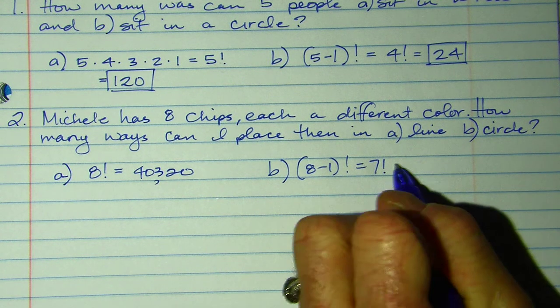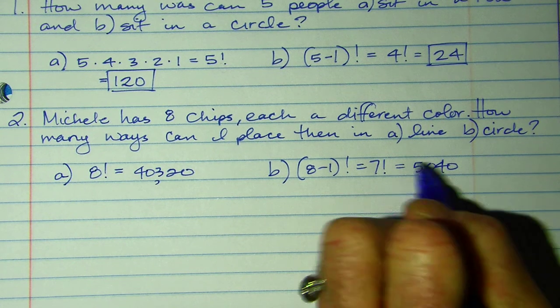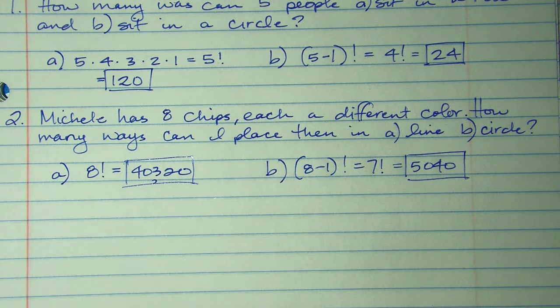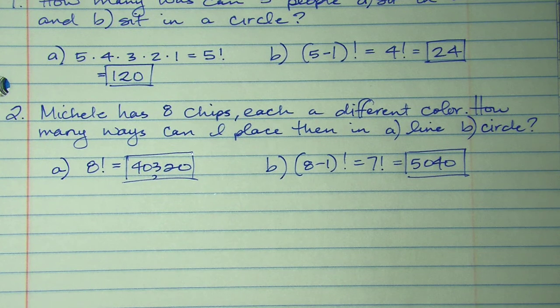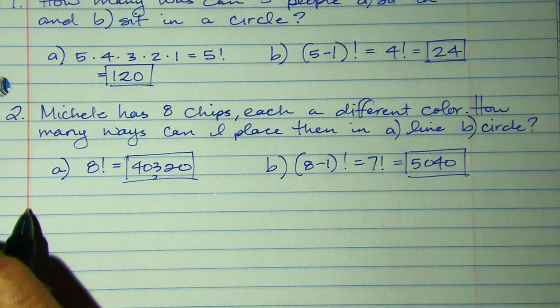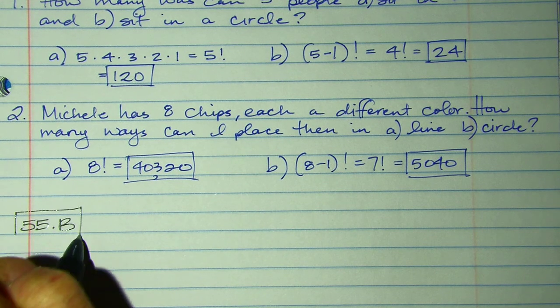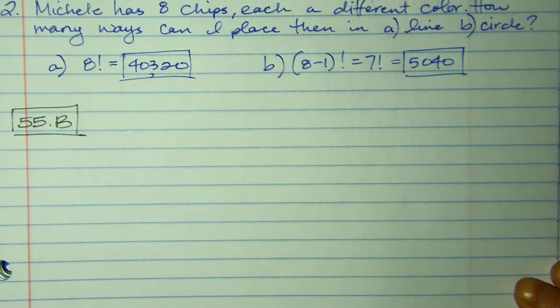And I got 5,040. And then that's it for 55.A. So pretty simple. That's why I told you this section is kind of a nice break. So moving on to 55.B.